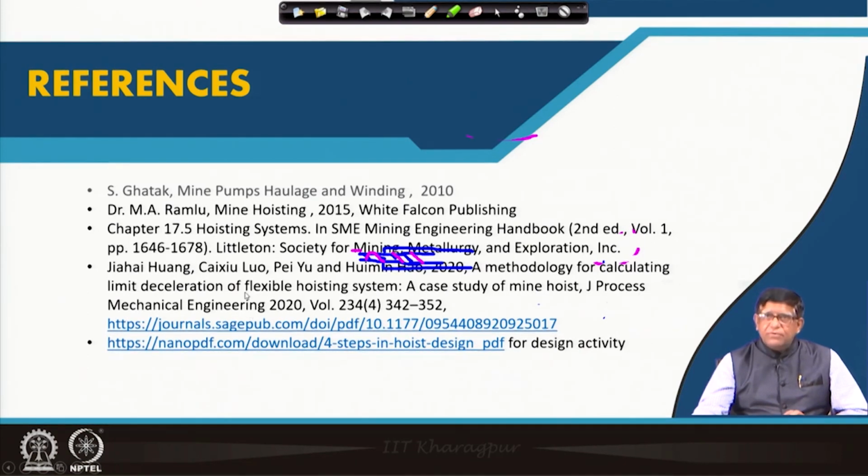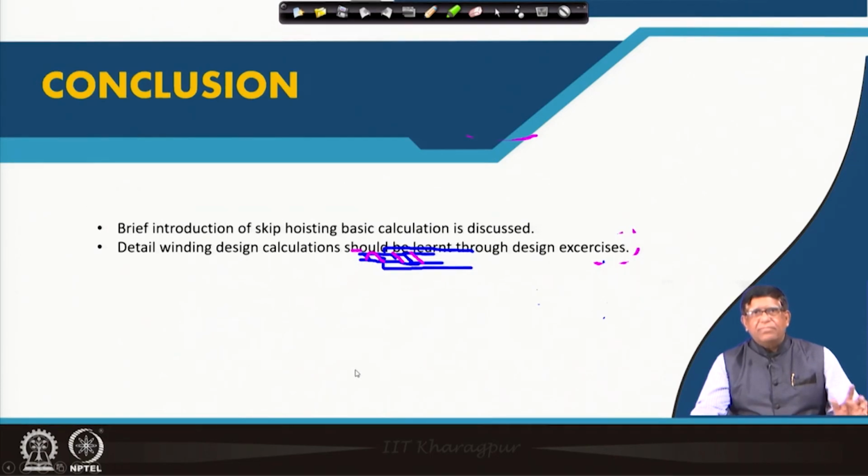These can show you how projects can be taken. Similarly, for the design activity, there are 4 steps in hoist design, and one very good resource is on the internet. You should read this, and you can develop that whole system for your own project. That is the learning activity you will have to do; only then can you learn better.